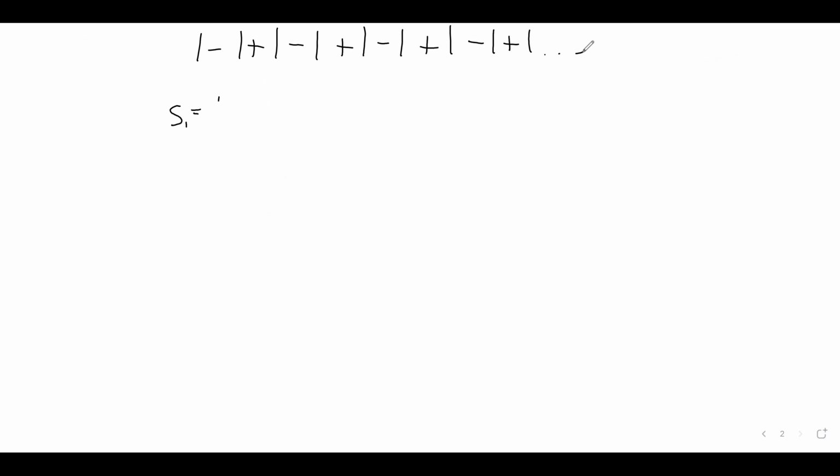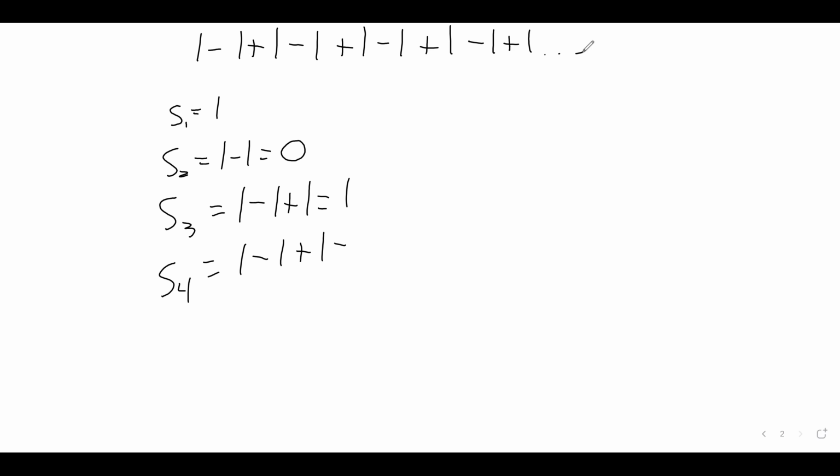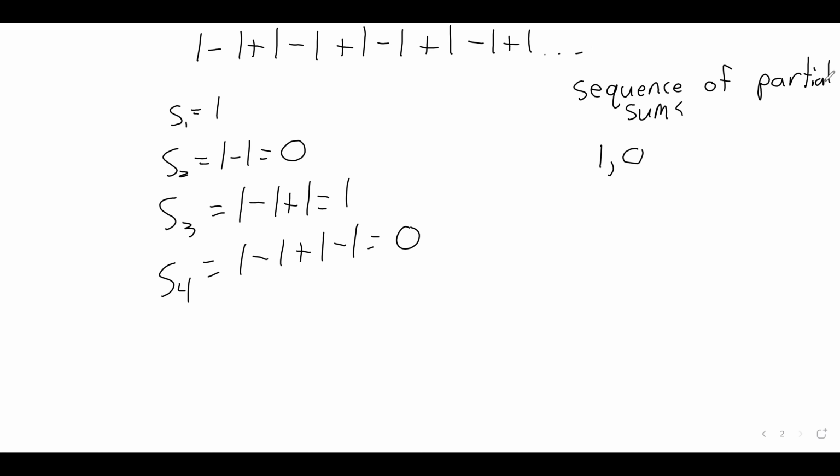So S sub 1 is the first term, S sub 2 is the first two terms, S sub 3 is the first three terms, S sub 4 is the first four terms, and I looked at the sequence of partial sums, although I didn't use that phrase.